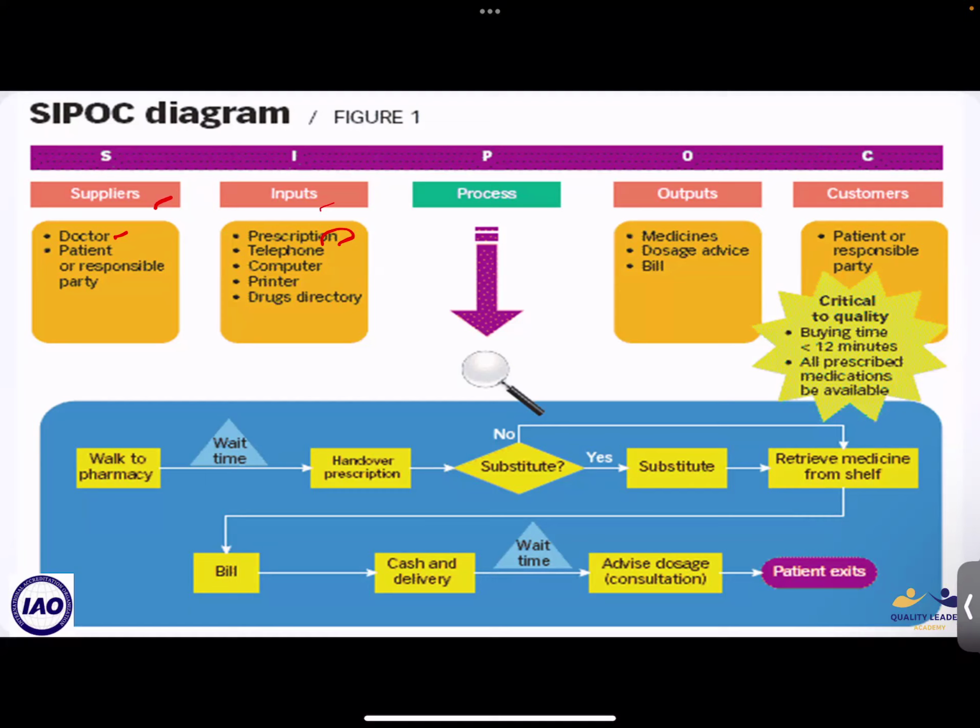So in the end, the output will be the medicine. The medicines are the output that will go to the customer, whether they take it offline or online, or the medication I can control. So this SIPOC diagram also includes a flowchart.